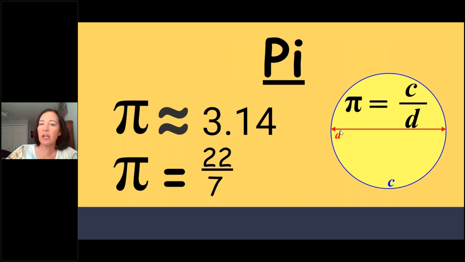Someone many, many years ago figured out that whenever you take the distance around a circle and divide it by the distance across the circle, you always come up with the exact same number. And it's approximately 3.14, but it goes on forever and ever and ever.